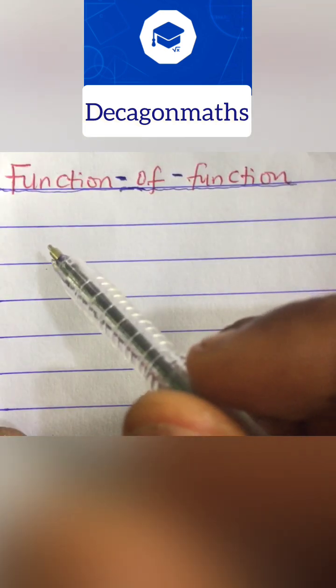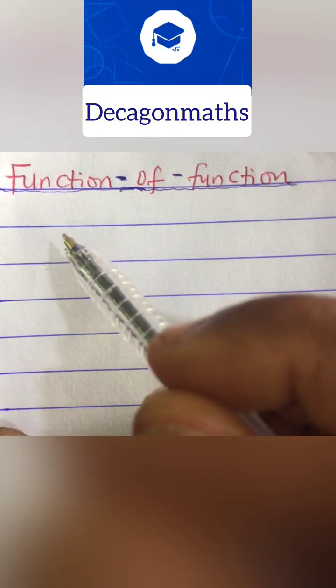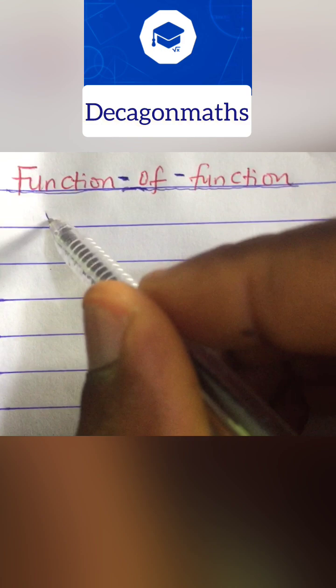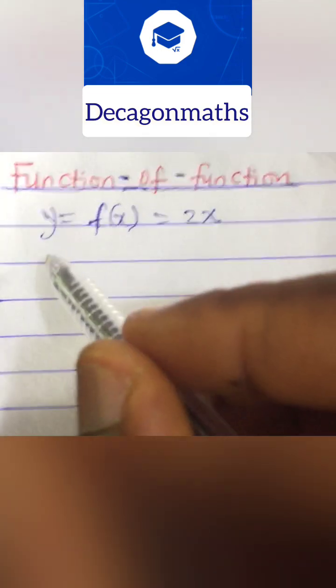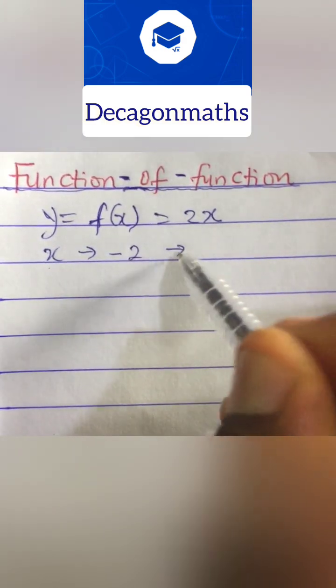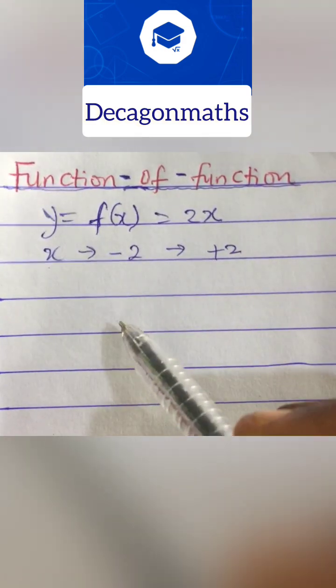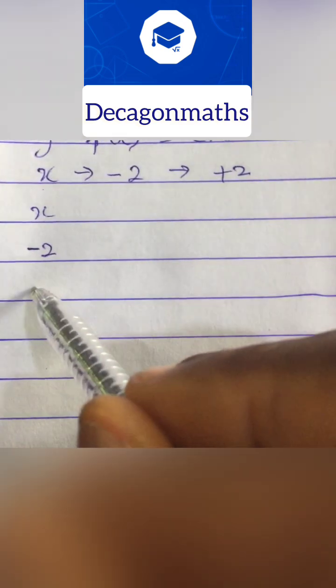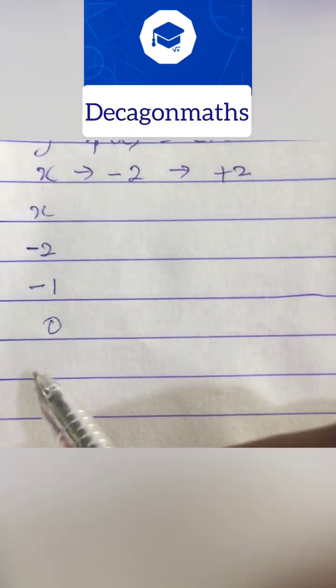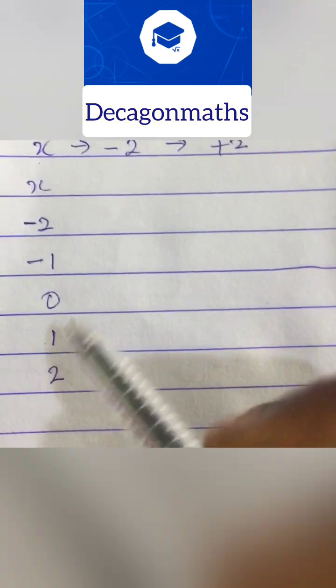To start with, in the previous video where I introduced functions, I gave an example. I gave this function: y equals f of x equals 2x. And I said that if we have the range of values of x from -2 to +2, we have -2, -1, 0, 1, and 2.